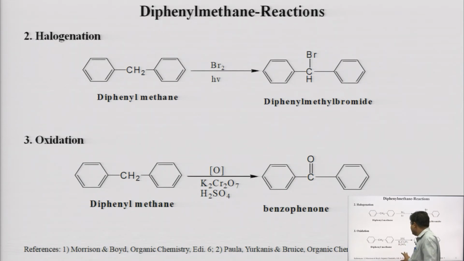As you can see in this particular reaction, in the presence of potassium dichromate and sulfuric acid, the hydrogen atoms on the bridge carbon get removed and an oxygen atom is added on the carbon. So, because oxygen is added in place of hydrogen, this reaction is an oxidation reaction and we get benzophenone from diphenyl methane.